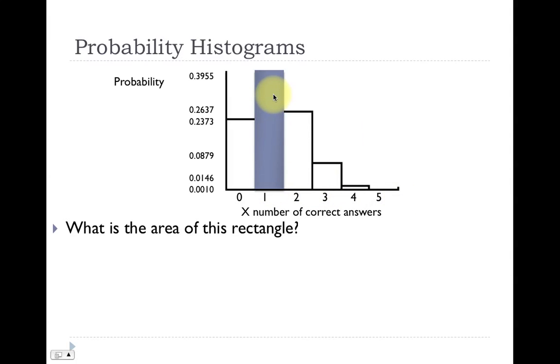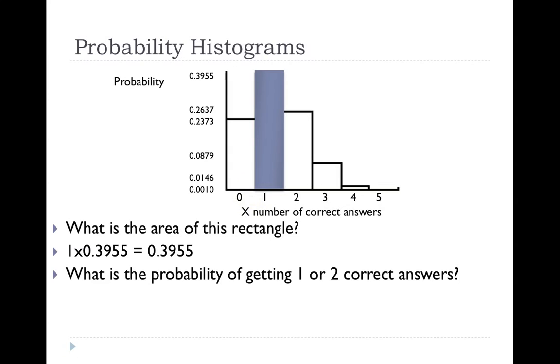The height is 0.3955. So if we multiply width times height, it's going to be 1 times 0.3955, which is 0.3955. The area of the rectangle is the same as the probability.